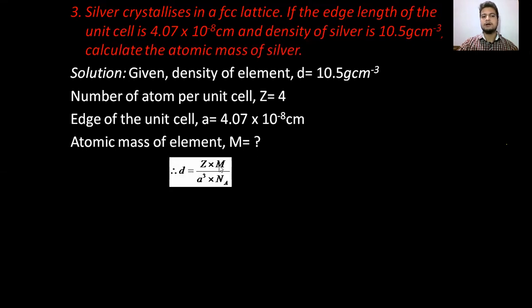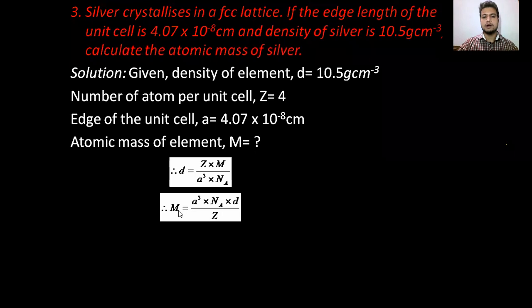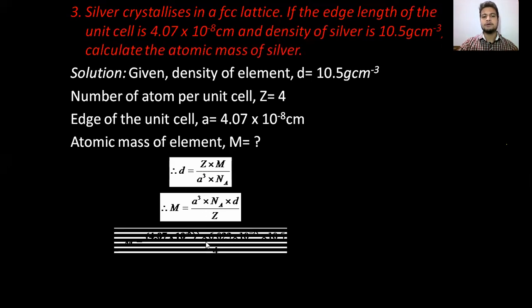So D will be equal to Z into M by A cube into NA. Now we have to calculate M, so again we'll cross multiply. It will be D into A cube into NA in the numerator, and Z will come into the denominator. Then you put the value.